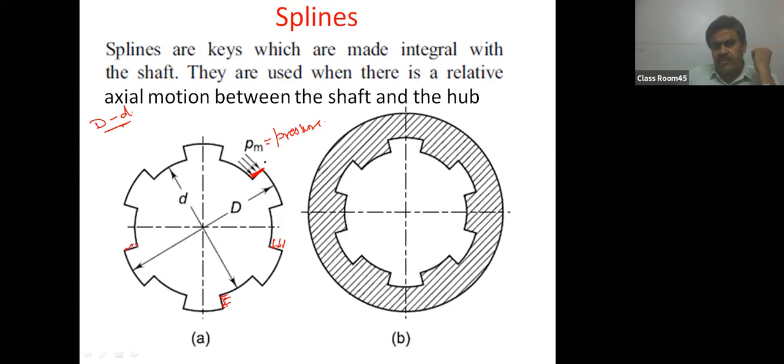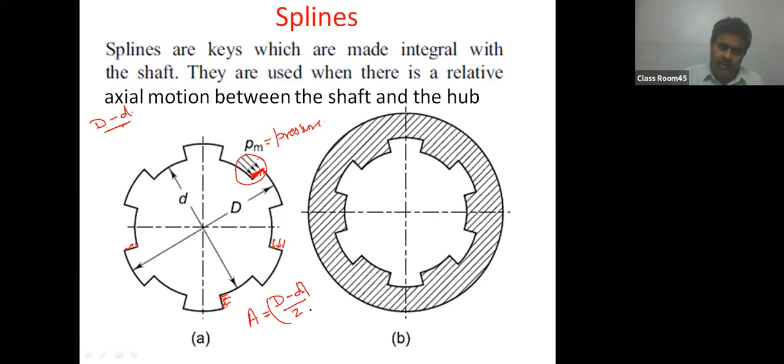So we will study one spline, and then we will multiply the forces or area by the number of splines. So let us work for one spline. For one spline, the area is given by D minus d divided by 2.